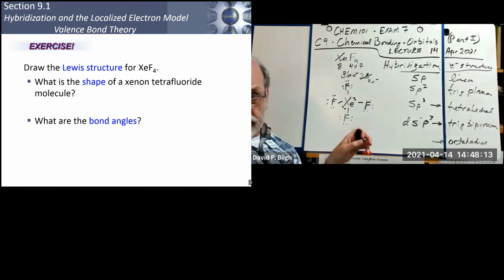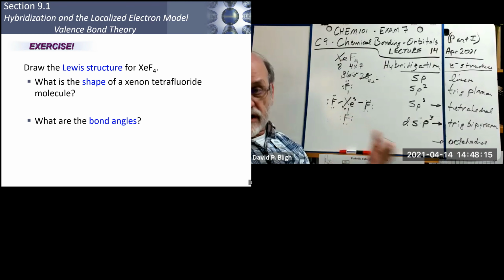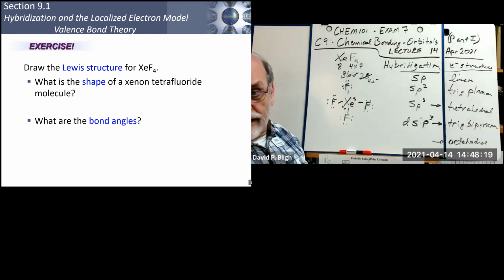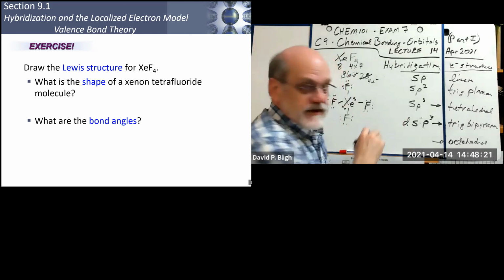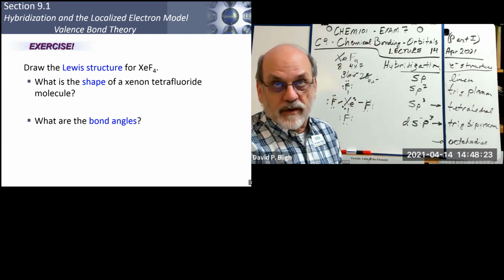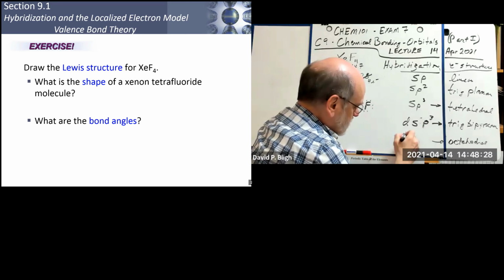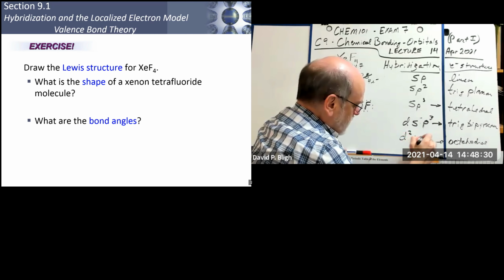You need 6 equivalent or degenerate orbitals. So we'll just add another d, right? Because xenon definitely has access to d orbitals. I mean, it's period 5. d2sp3.